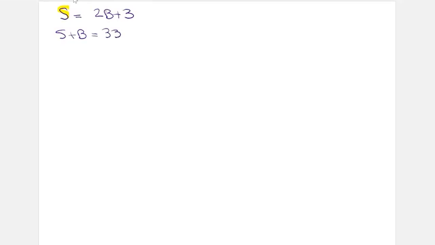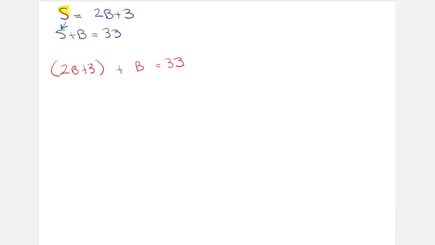Okay, so now we can start solving things. The easiest thing to do is, since I know what S equals in terms of B, I can just plug in. That S and that S are the same, right? And since both S's are the same, I can say 2B plus 3, that's what S equals, plus B is equal to 33.